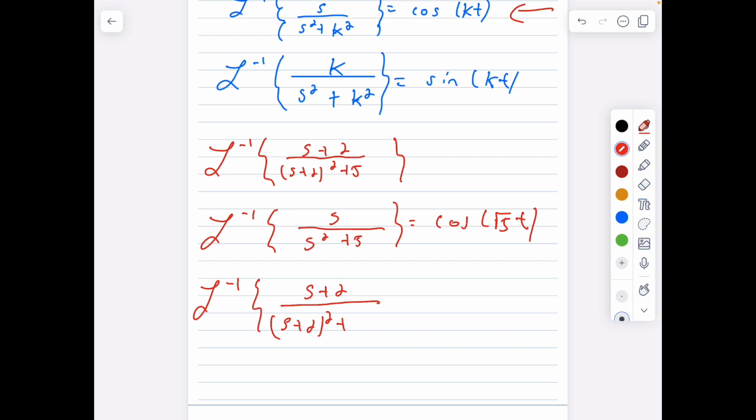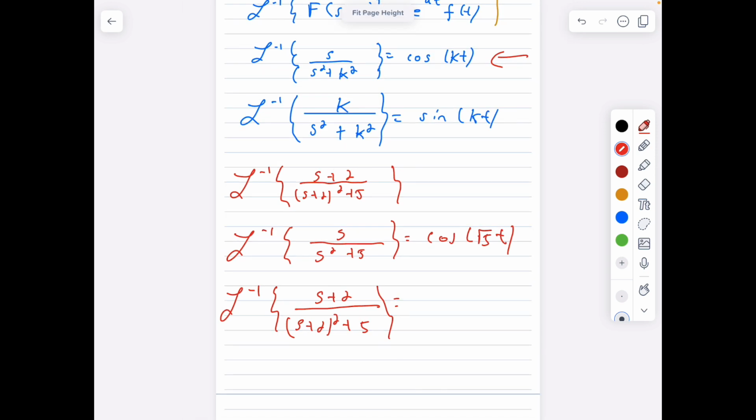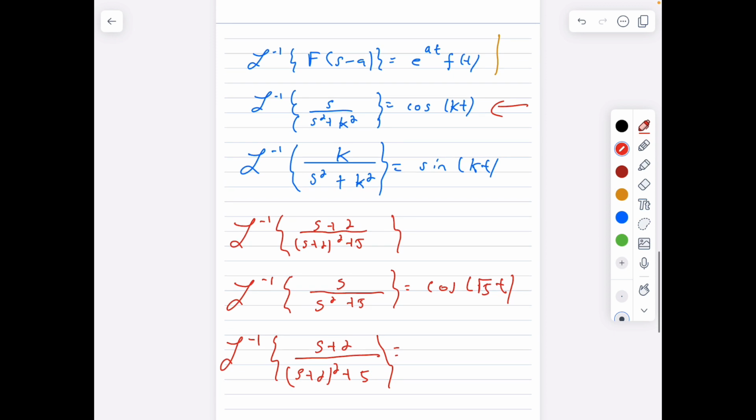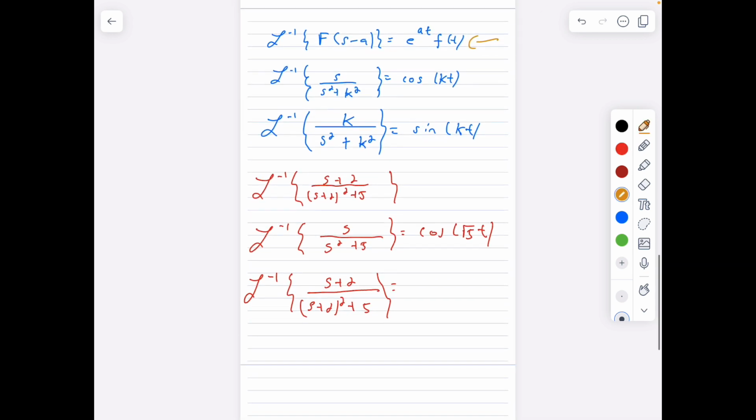Once you do include the shift, that (s plus 2) squared plus 5, what happens is this. I'm going to use the formula that you see in the amber color right there. It's basically that (s plus 2) over (s plus 2) squared plus 5 is the transformation of the cosine root 5t, but shifted.